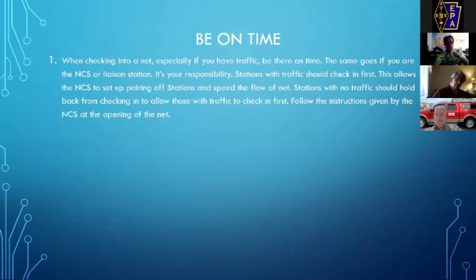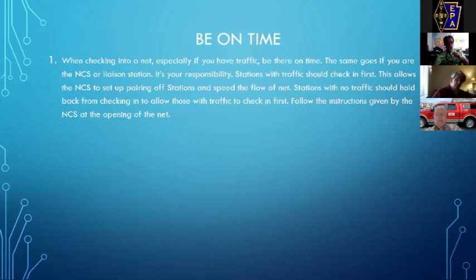The net control will ask for any stations with traffic. If you have traffic, that's when you check in and he'll ask you to list your traffic. This allows the NCS to set up pairings with stations to move the traffic. The regulars, we know pretty much where you are.